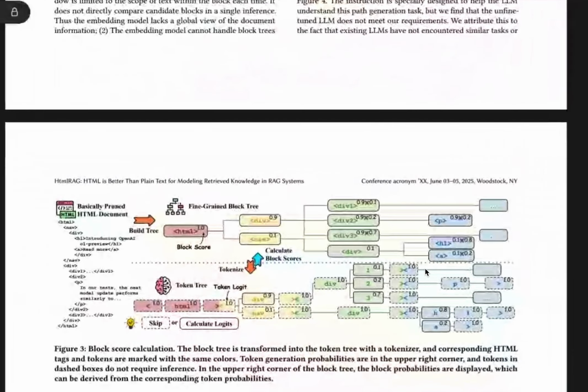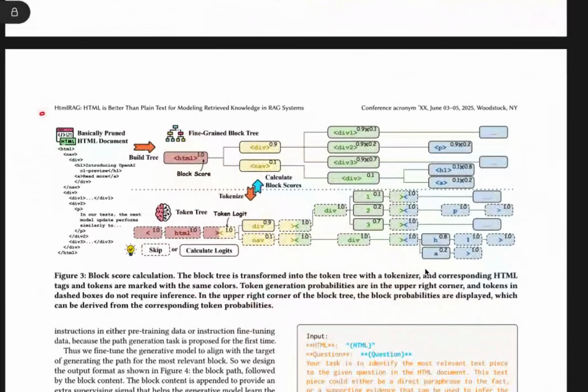Coming to figure 3, what was this? This is basically the pruned HTML document, where things have been removed on the basis of similarity score. If you see, they build a tree and calculate the block score, the token logit that we were talking about. According to the block tree, it is transformed to a token tree with a tokenizer, and the corresponding HTML tags and tokens are marked with the same colors.